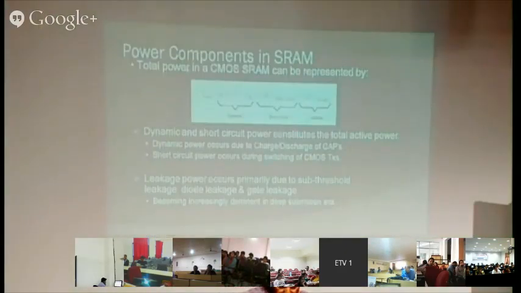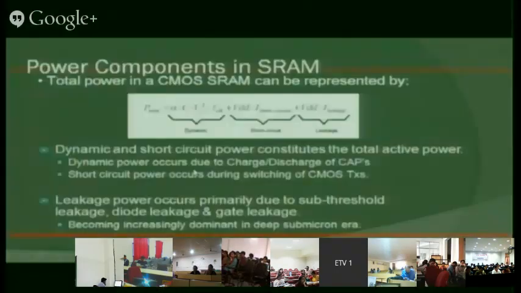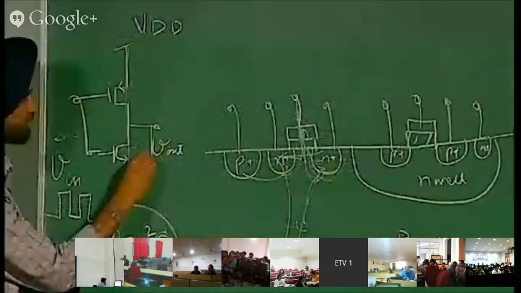Now, the dynamic and short circuit power constitute the total active power, and dynamic power occurs due to charging and discharging of capacitance. What is the meaning? Why does it consume power? You see here, there will be some capacitances.